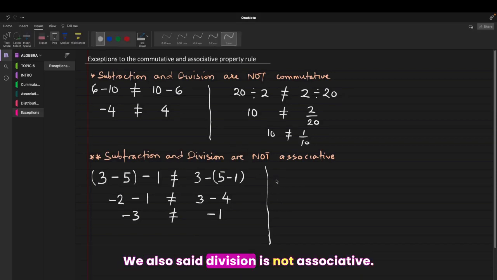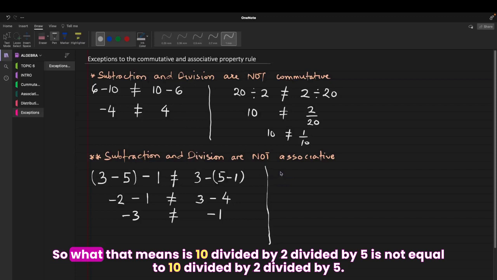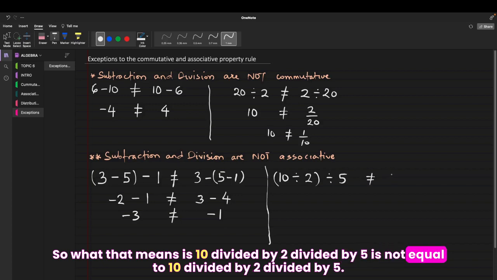We also said division is not associative. So what that means is (10 divided by 2) divided by 5 is not equal to 10 divided by (2 divided by 5).